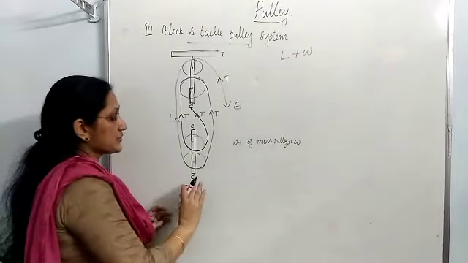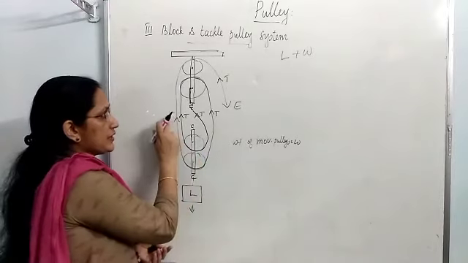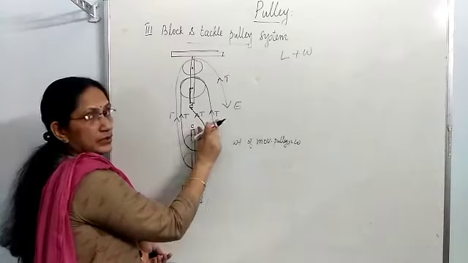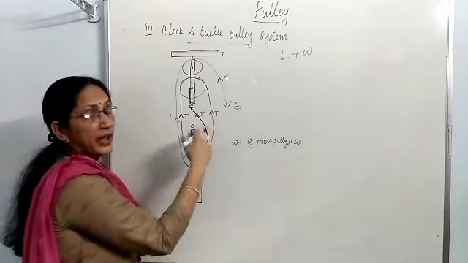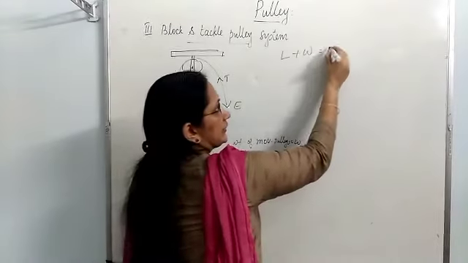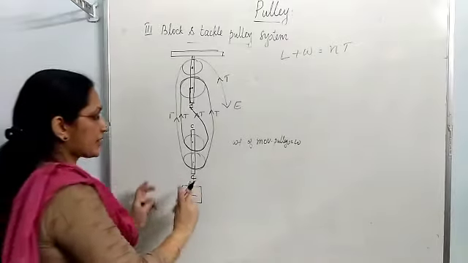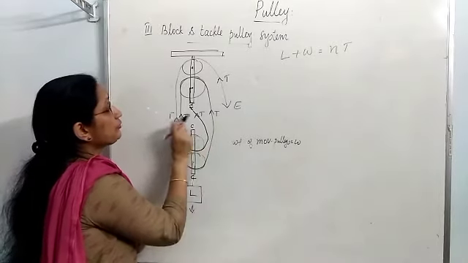That in equilibrium condition, L plus W, the total load lifted, is equal to 4T. If there are n pulleys, in the general case, it will be equal to nT, where n is the total number of pulleys. In this case, L plus W is equal to 4T.